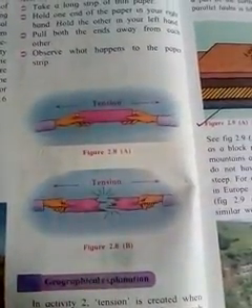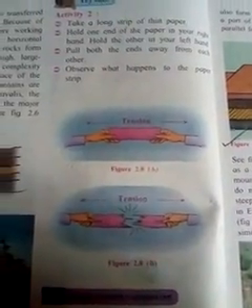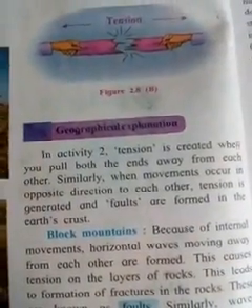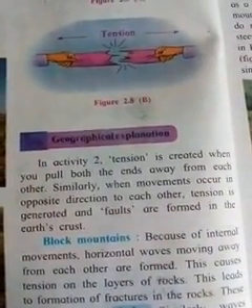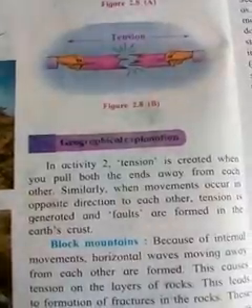What happened? Tension was created in the center and the strip cracked in the center. Here is the diagram. In the second activity, tension is created when you pull both ends away from each other.